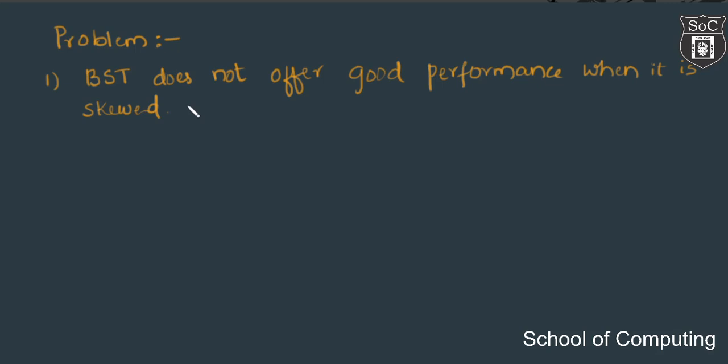So how do we overcome this problem? The solution to this problem is the AVL tree. In the skewed trees we have seen, the height of the tree from the root node is very big because the tree was lengthy from the root node to the leaf node.